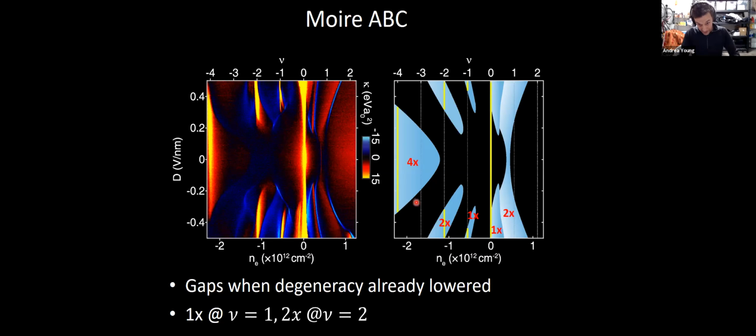But the interesting finding here, which was a bit of a surprise to us, is that the nature of the magnetism and the isospin symmetry breaking in these types of systems is really there to begin with. It's been there all along in ABC trilayer graphene. The moire pattern, what it does is it gives you gaps at commensurate fillings.